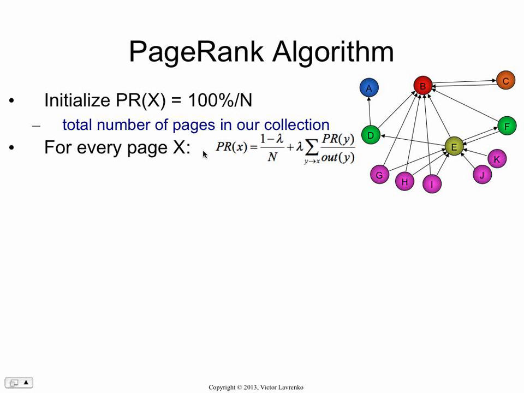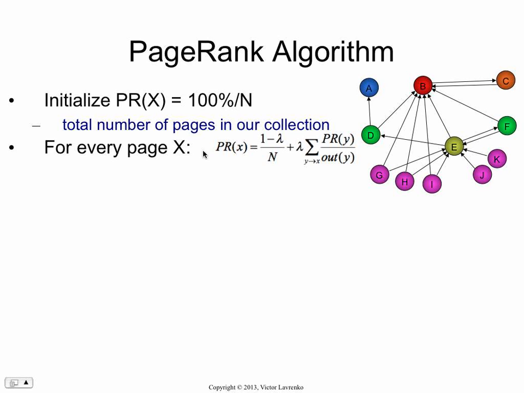No, I don't. I've got a node Y, I've got a node X, and there's an arc going from Y to X, but there could be other arcs going out of Y.